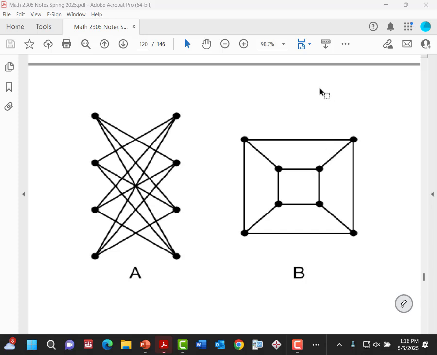These two graphs are of the same form, and so I would say that graph A is isomorphic to graph B. Now, these are saying the same thing. One of them, in my opinion, looks much cleaner or easier to read than the other. I think it's easier to take a look at graph B, perhaps. So that will conclude our lesson on graph theory introduction.